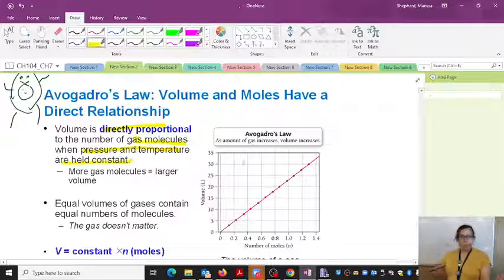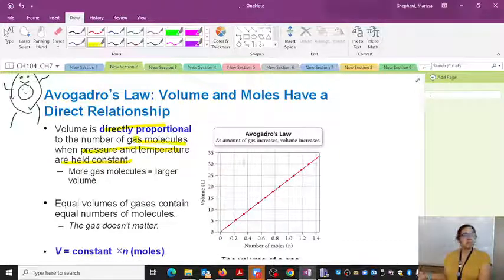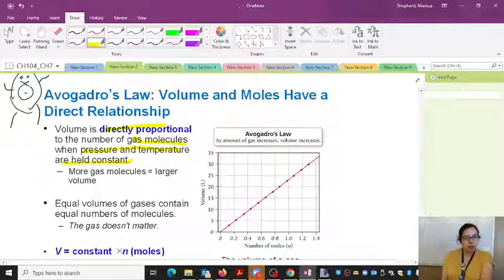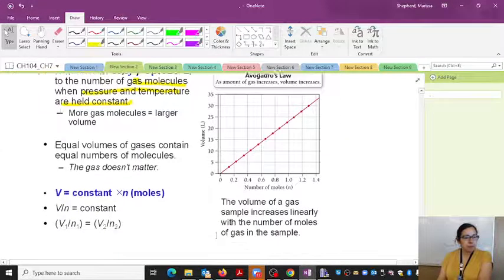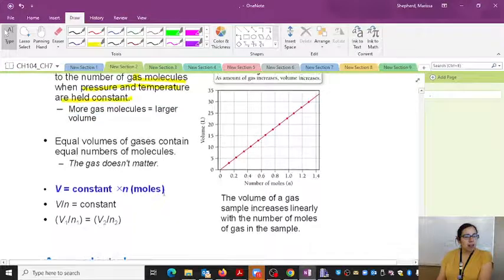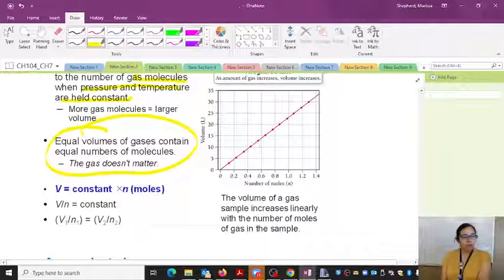If you're putting more moles of gas, more molecules of air into something, and you want your pressure to be constant, then you have to expand the volume. And this is the other really important thing: equal volumes of gases contain equal numbers of molecules. So the identity of the gas doesn't matter. It doesn't matter whether it's helium or xenon, equal volume contains the same number of molecules.